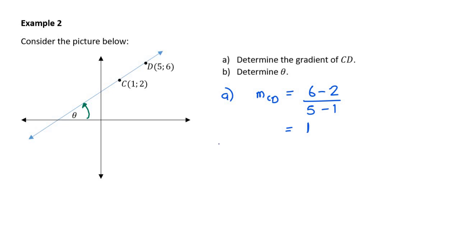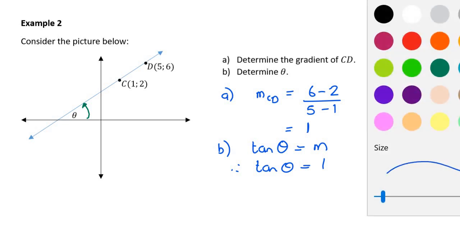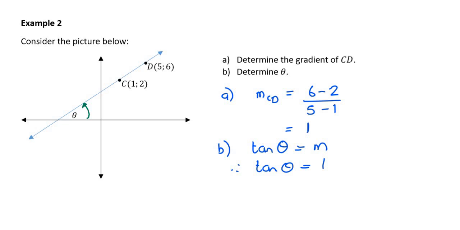Wonderful. Question B, can I work out theta? Absolutely. I know that the relationship is that tan of my angle of inclination equals my gradient. So therefore tan of theta equals 1. Now again, we haven't done trig in a while, so this is a little mini trig equation here. So how do I tell my calculator, here's the answer to tan, can you give me back the angle? Now, we can't do this. This is not tan of 1, because this is not theta.